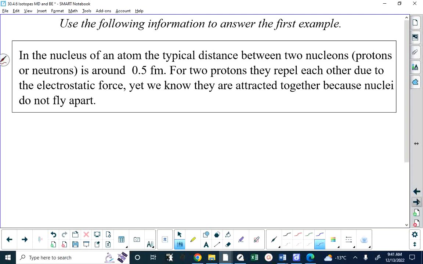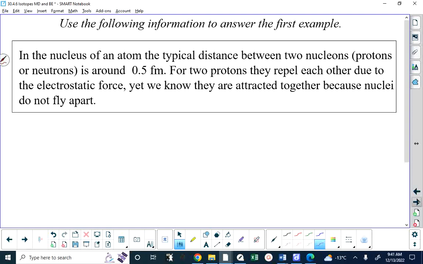And you can look on your formula sheet to find out what femto means. If my memory is right, it means multiplied by 10 to the negative 15. I just remember it because it starts with the letter F. 15 starts with F. So, not all of the protons and neutrons are exactly that distance apart. I'm just saying that's kind of an average, typical distance.